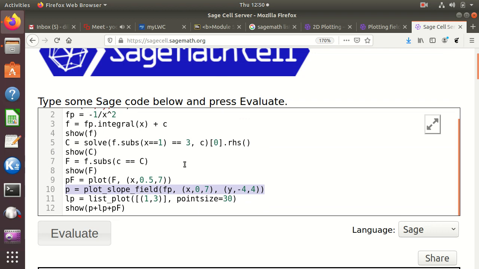But also what's in here is I go through and I find a particular solution. Okay, they told me the particular solution was X equals 1, Y equals 3. And so I go through and I calculate the antiderivative with the constant plus C. Then I do as I did up here. I set that derivative equal to 3 with X equal 1. And I solve it. And again, in the video, I go through why you need some of these other things attached to it to get the answer.